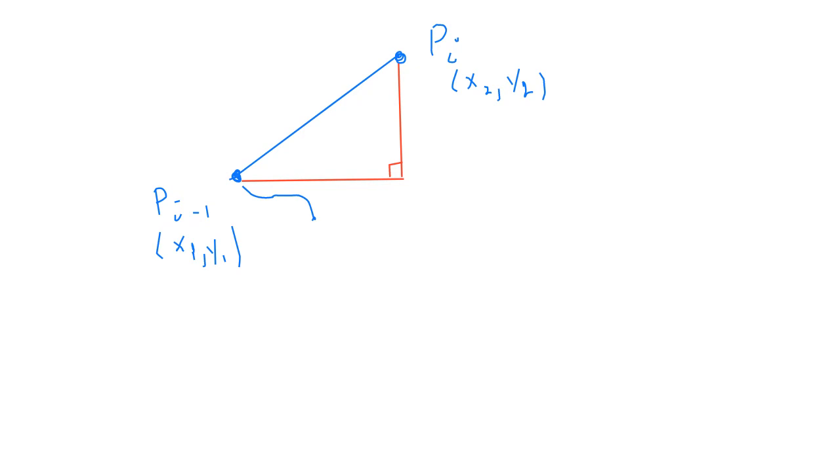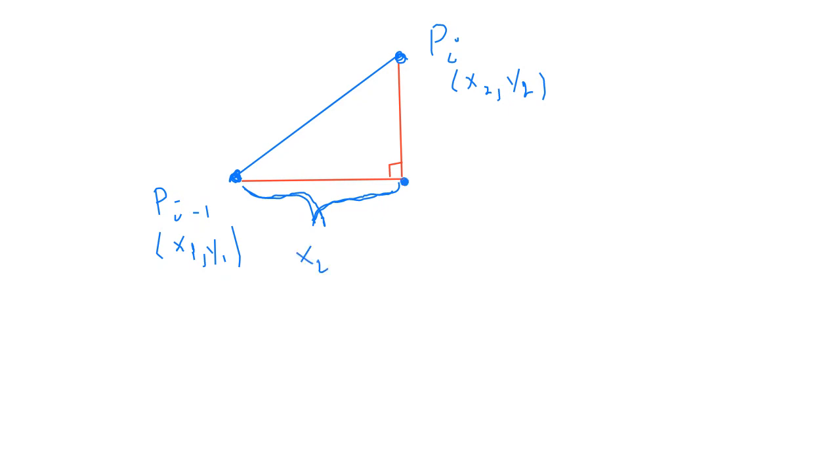What I'm doing is I'm doing this again. I've drawn a line segment from one point to another point. The first point has coordinates x1, y1. The second point has coordinates x2, y2. Now, what's this distance here? x1 minus x2.